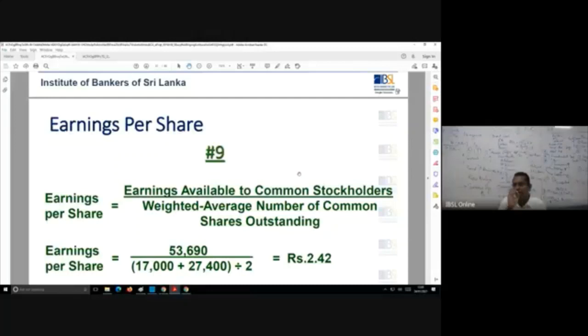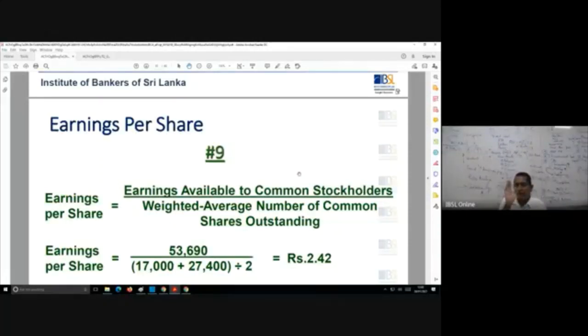That is, if you declare dividends, that is the dividends part. If you don't declare dividends, then it is the net profit part. 100% declared. Earnings available to common stockholders, 53. Then it is divided by the average number of shares.